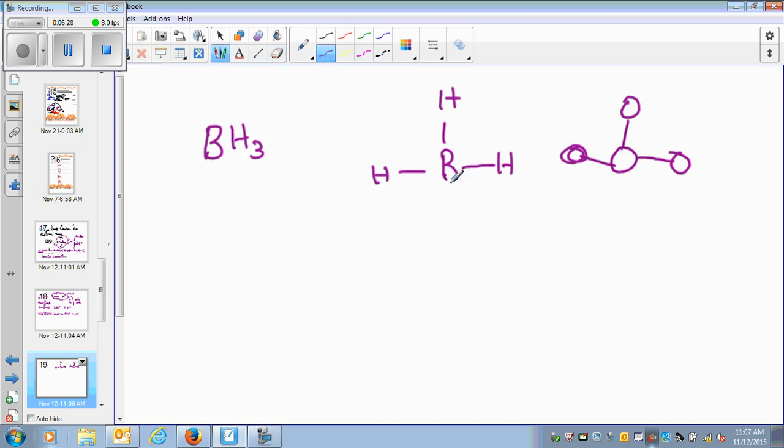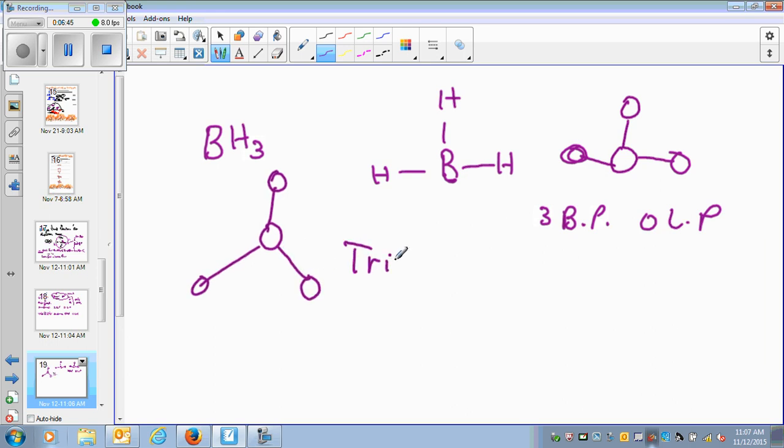So my central atom has 3 bond pairs and 0 lone pairs. So if it has 3 bond pairs and 0 lone pairs, the shape is going to be trigonal planar, and the angle is going to be 120 degrees.